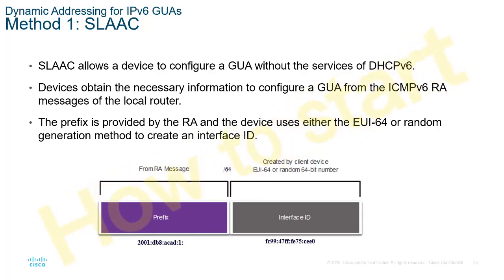EUI-64 basically looks at the MAC address, sticks FFFE in the middle, and flips one additional bit, I believe the 7th bit of the MAC address, and that is what creates the EUI-64.